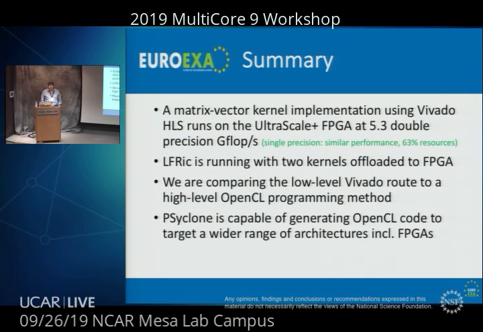And the Elfric weather climate code is running on this system with two kernels offloaded onto the FPGA. We're looking at using a high-level OpenCL programming model as an alternative, and the Cyclone team are now generating OpenCL code in the hope that when we bring all this together, we've got a route for porting Elfric onto FPGAs.